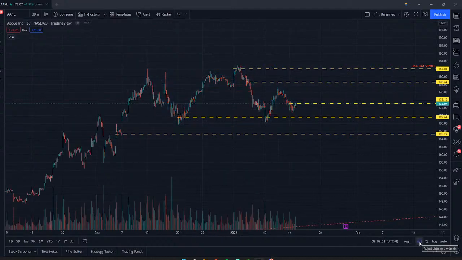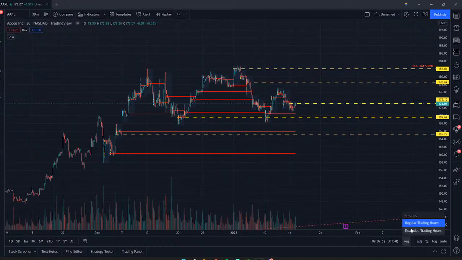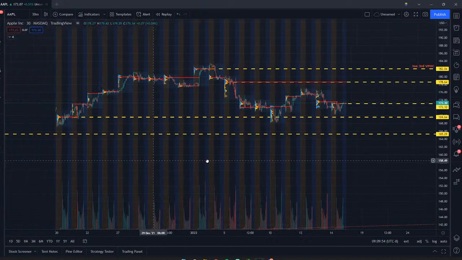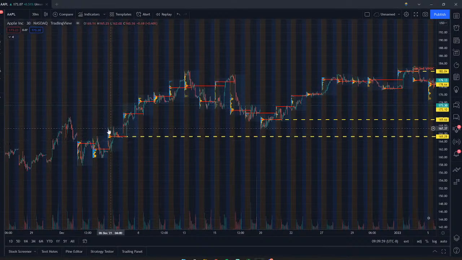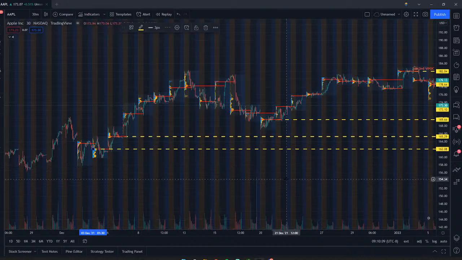So you do want to have extended hours on when you're plotting them. This one's going to be very significant because this is a virgin POC. And then we also have a virgin POC down here. So it's quite likely that price will get pulled down to one, if not both of these.